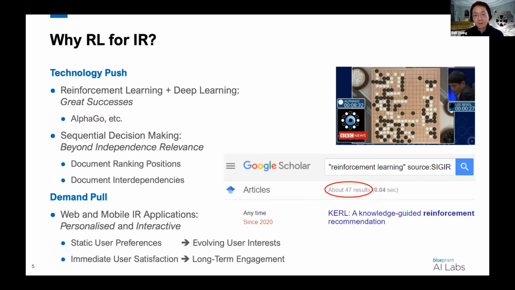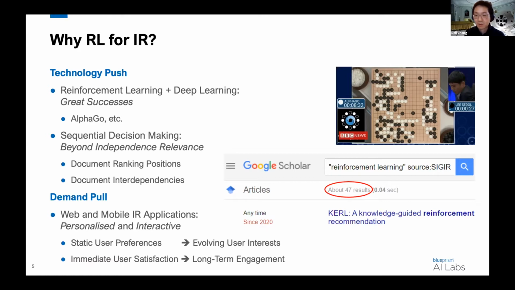Moreover, they want to satisfy not just the immediate user information needs, but also to engage the user for the long term. So these are some good reasons for us to look into reinforcement learning for information retrieval.